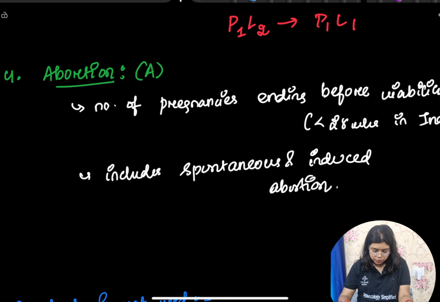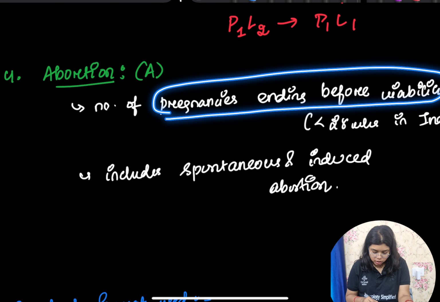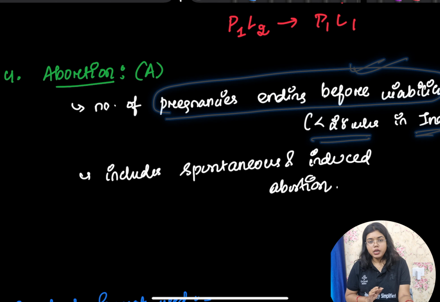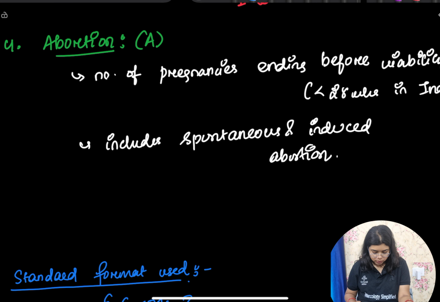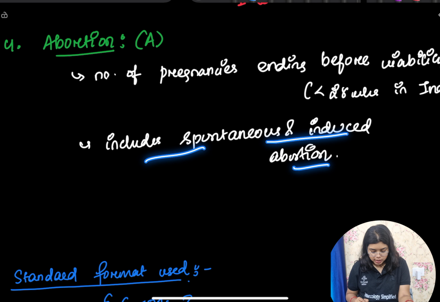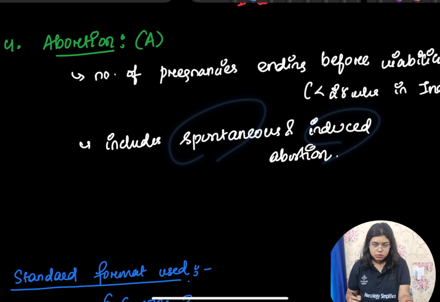Then what is abortion? Abortion means the number of pregnancies ending before the period of viability. Pregnancies ending before viability, that means less than 28 weeks, we count as abortion. It includes spontaneous and induced abortion. I've told you what we mean by spontaneous and induced abortions.